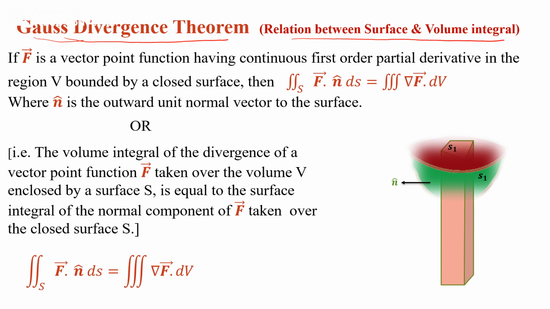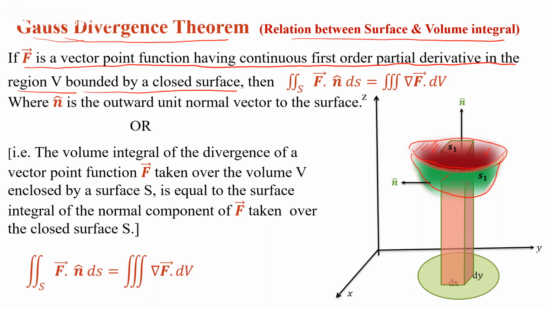Suppose vector f is a vector point function having continuous first order partial derivative in the region V, which is bounded by the closed surface, suppose S1, the outer surface.